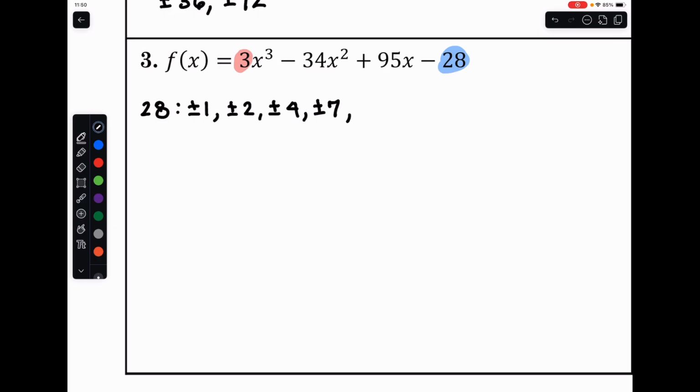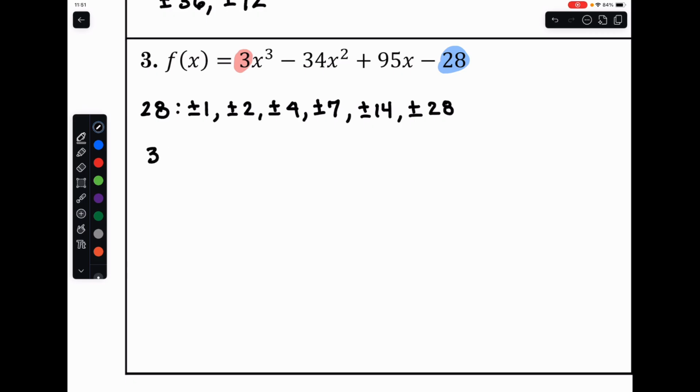And since 28 divided by 7 gives you 4, the next number is going to be the number where the quotient is 2. So that's going to be 14. And the number after that will be the value that divides to give you an answer of 1, which is going to be 28. So the list of factors of 28 are here.